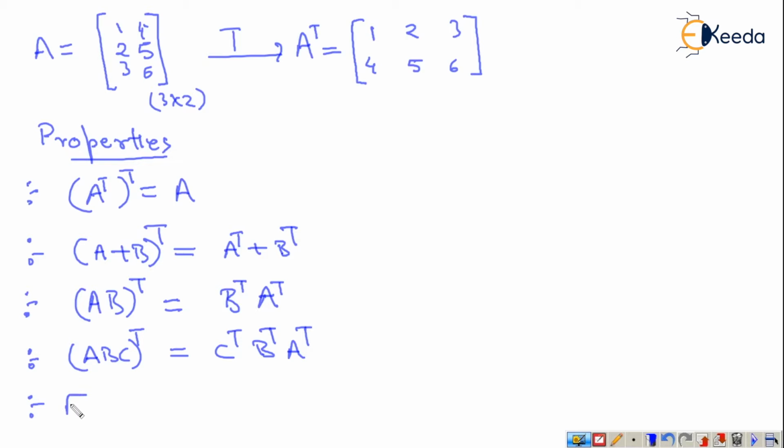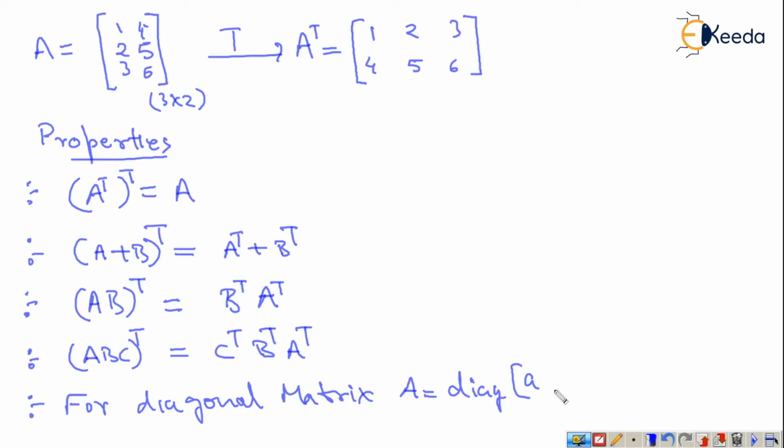Also, for a diagonal matrix, let's say we had A equal to diagonal, maybe a, b, c. Now where do these diagonal elements lie? Maybe it's like A11, A22, A33, likewise, right? So now we have seen that while we are transposing, Aij is replaced or exchanged with Aji.